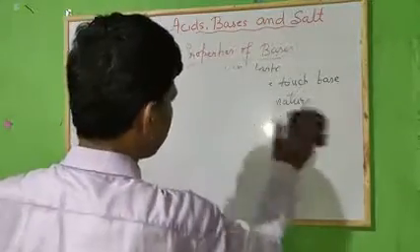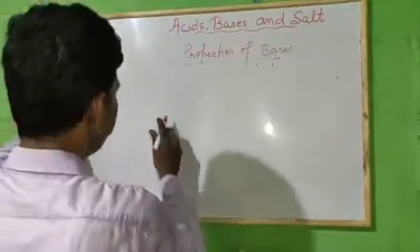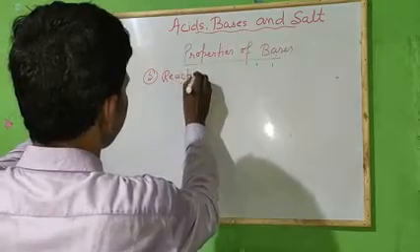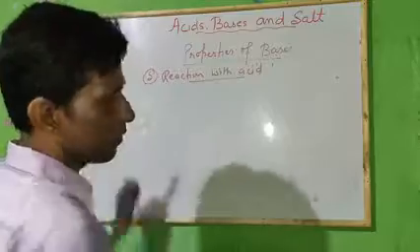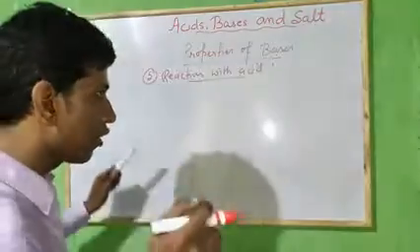Now the most important thing we will discuss is chemical reactions of bases. Reaction with acid. Already you are aware that when a base comes in contact with an acid, there will be formation of salt and water.